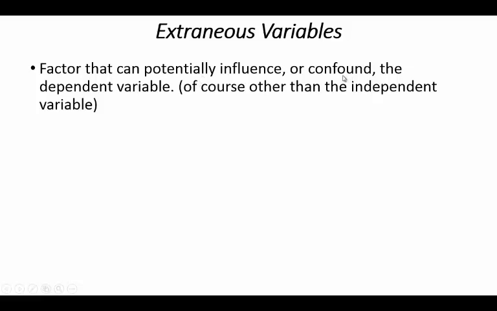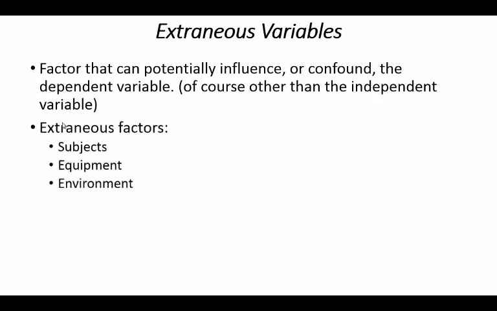It means complicate the dependent variable. So it can affect the dependent variable. Of course, other than the independent variable, because my intention is for the independent variable to affect the dependent variable. But in this case, if we're talking about extraneous variables, then it is something that's not under my control.